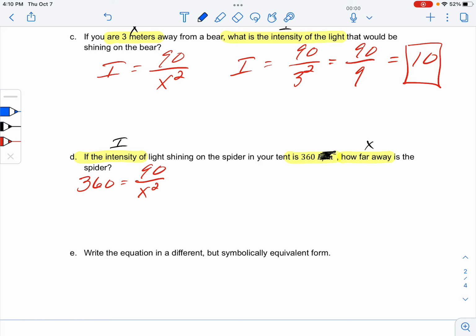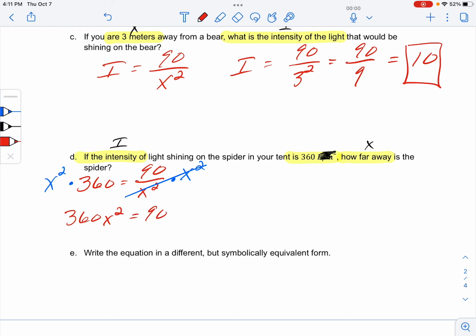We've talked about this before. When our variable we're trying to find is on the bottom, the first thing we need to do is multiply by that variable. Whatever we do to one side, we have to do to the other. I have x squared on the top here, x squared on the bottom. Those are going to cancel out. We end up with 360 x squared equals 90.